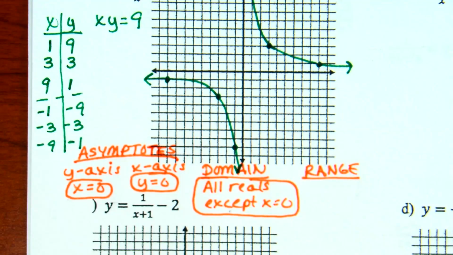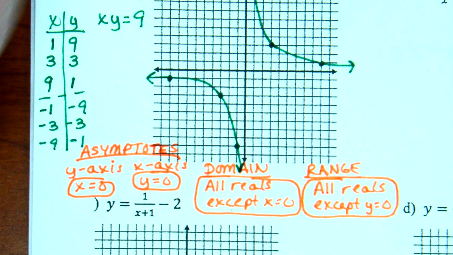You might be able to guess range then. So range, my graph is going infinitely up, infinitely down. What's the one y value it can't touch? That asymptote of y equals 0. So all reals except y equals 0.